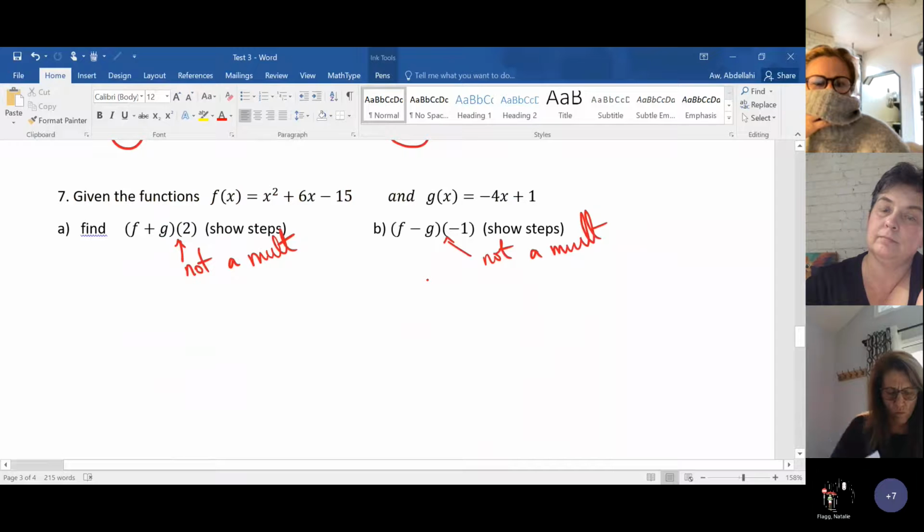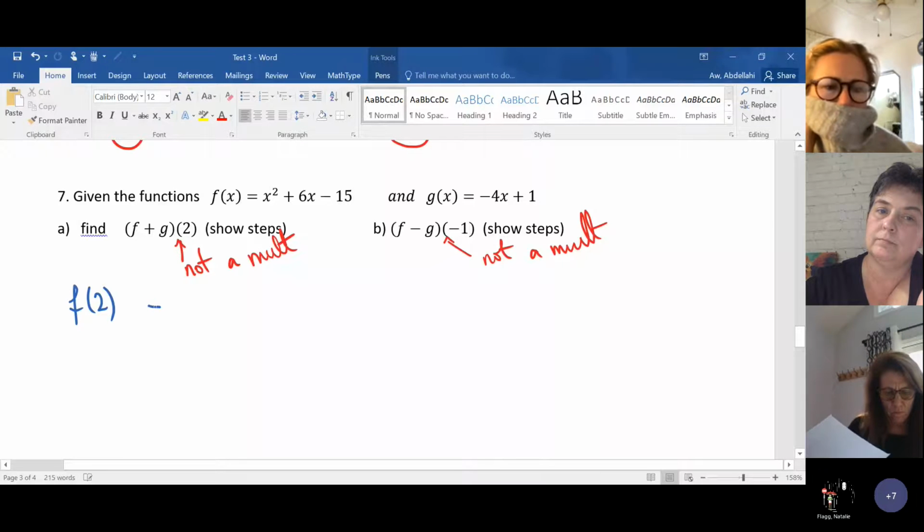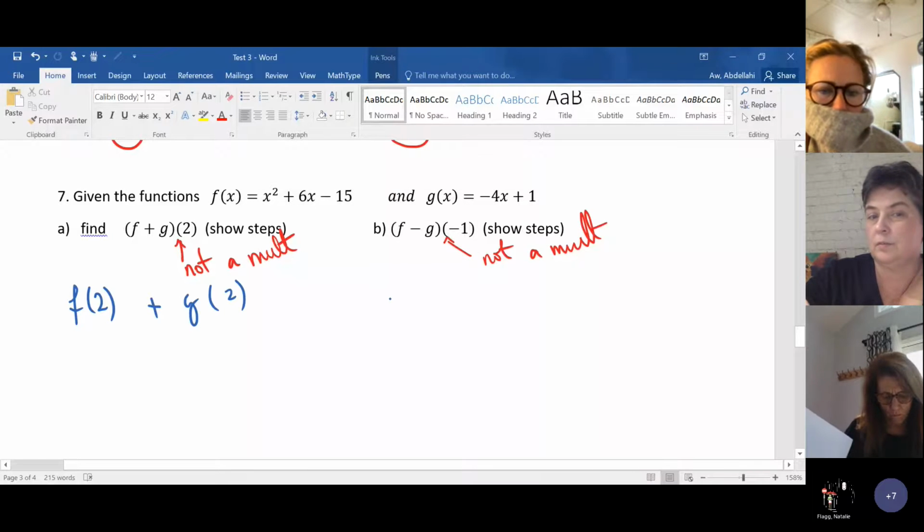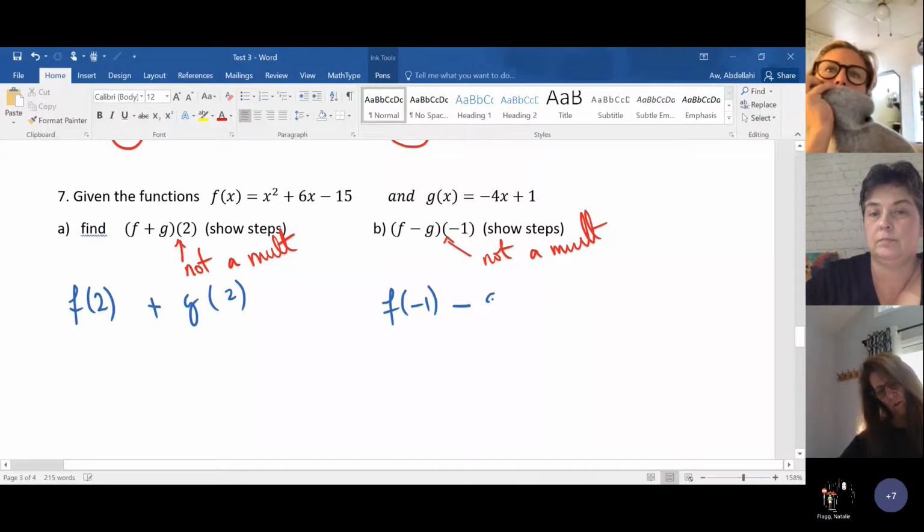Don't overthink this stuff, don't overdo it. It just tells you this is actually f of 2 plus g of 2, that's it. Question B is f of -1 minus g of -1.